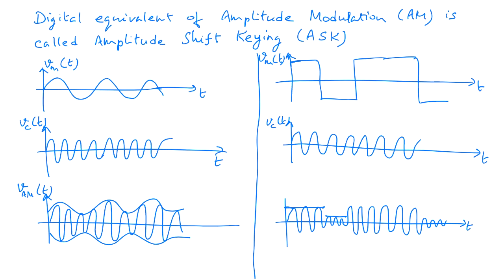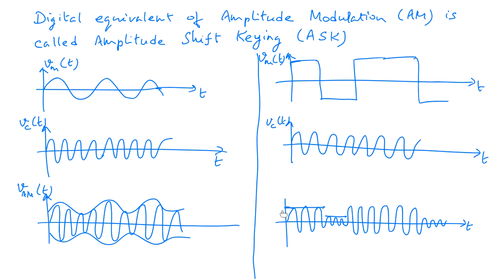So in the continuous modulation or the analog modulation, the amplitude of the carrier is changing continuously, according to the message signal. In digital modulation, or the digital equivalent of amplitude modulation, the carrier amplitude is changing according to the message signal, but because the message signal now has only two possible amplitudes, either a plus A and a 0 or a plus A and a minus A, the modulated signal also has only two possible amplitude levels.